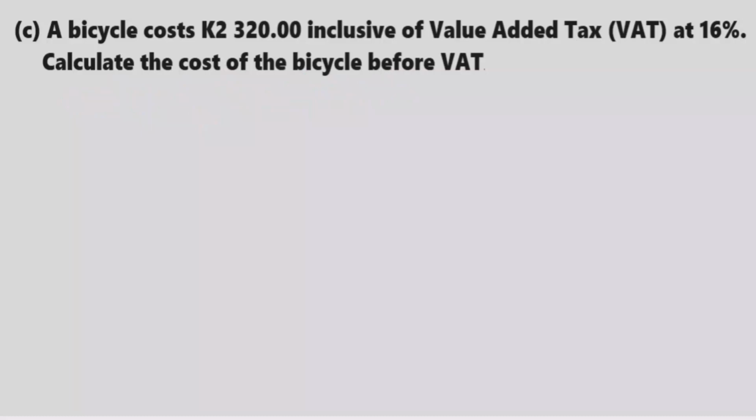Let me start. So we're saying cost of bicycle without VAT is equal to, then what do we write?